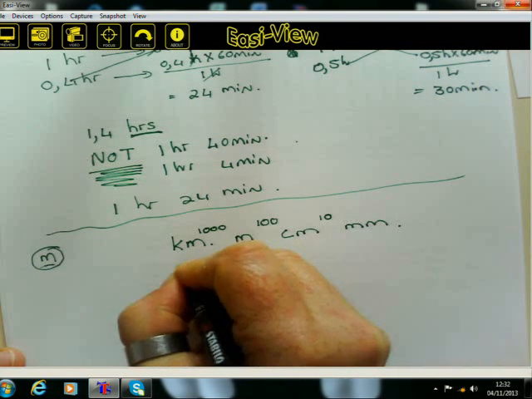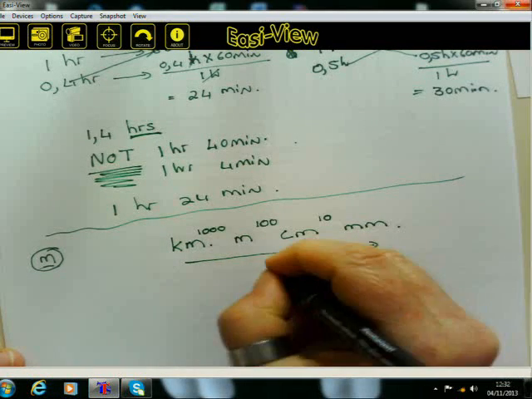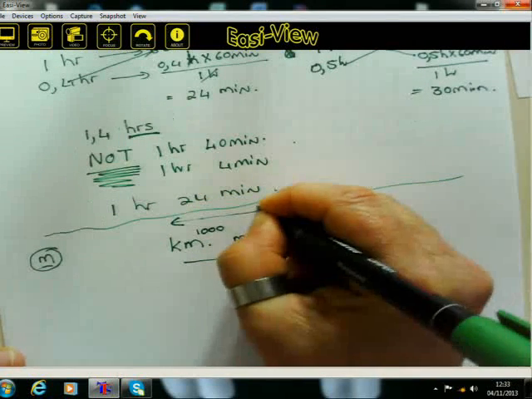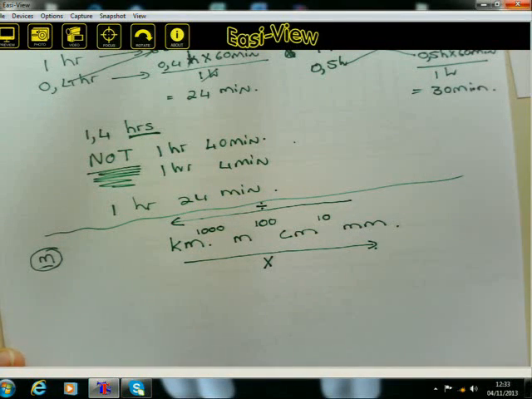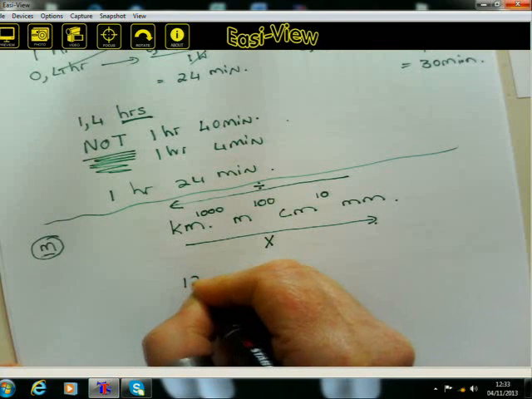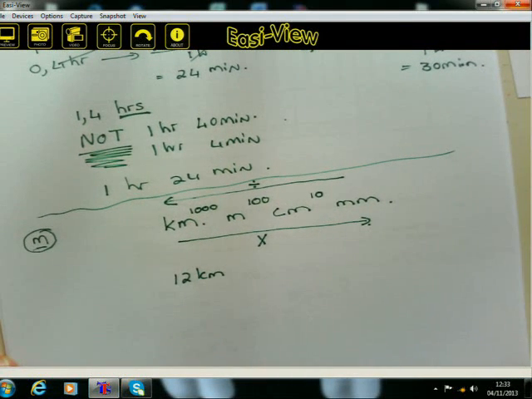If you go in the right direction to that side, you multiply. If you go in this direction, you divide. Okay, let me just show you. Say for instance, I want to put a distance of 12 kilometers. I want to ask myself how many meters it is.